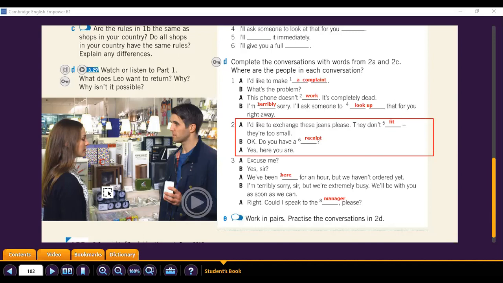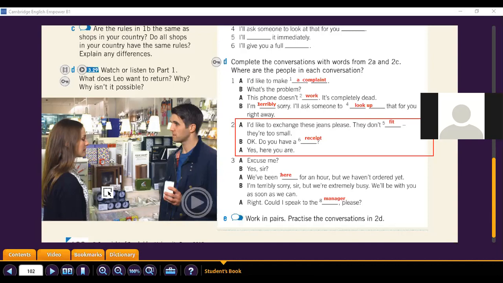Can you help me reading this conversation, please? Okay, let's see. Letter A, it's going to be Dianita, and letter B, Wilson.